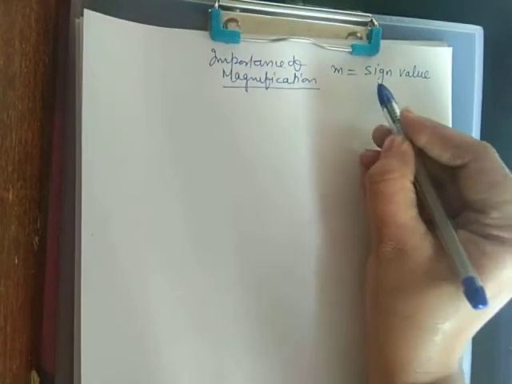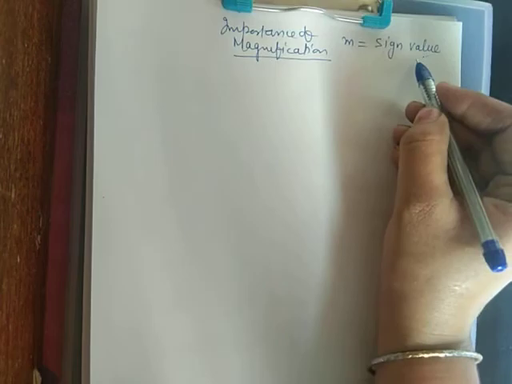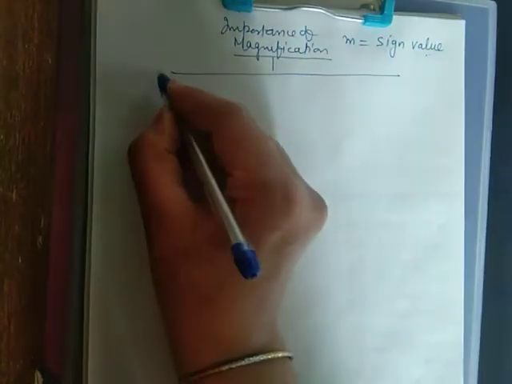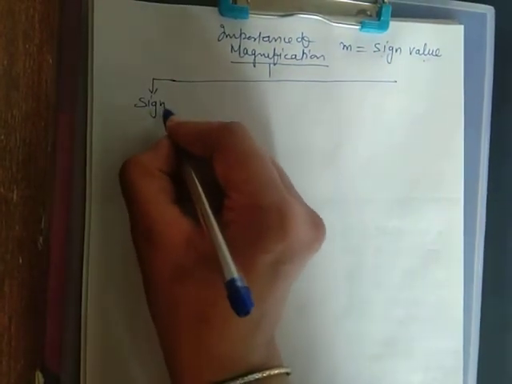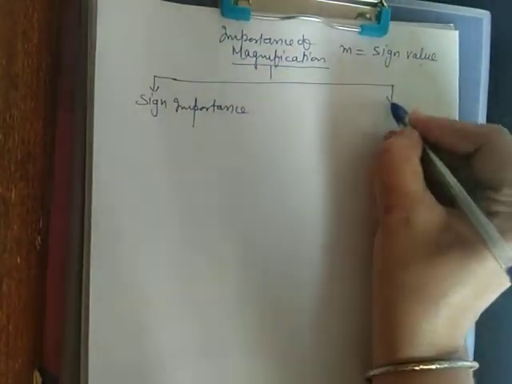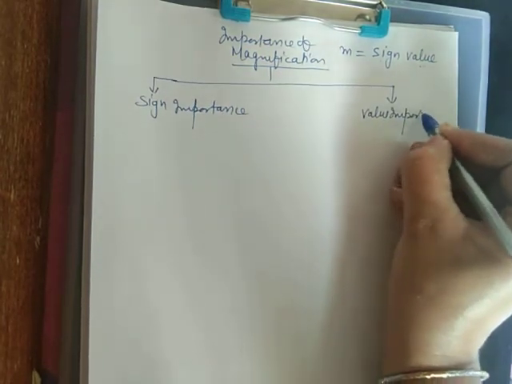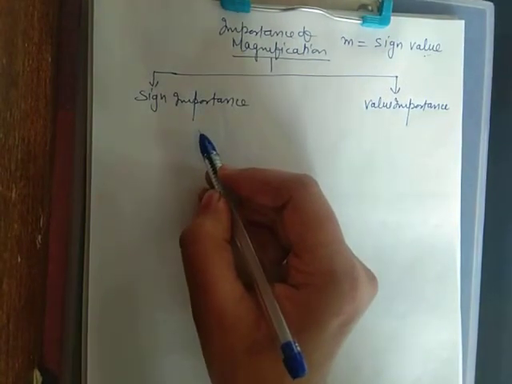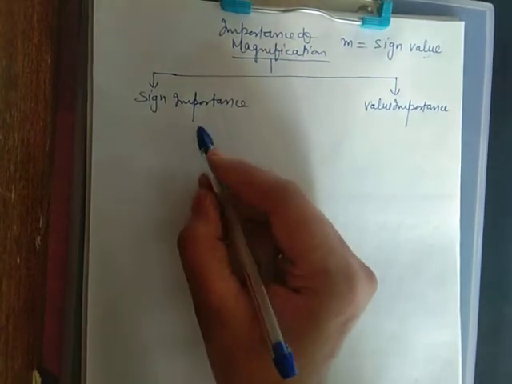So sign as well as value indicate something about the image. So it has two categories with respect to its importance. First one is sign importance, and second one is value importance. So dear students, you have to pay attention here, because numerical will not be asked to you directly, it will be in indirect statement. So focus here.